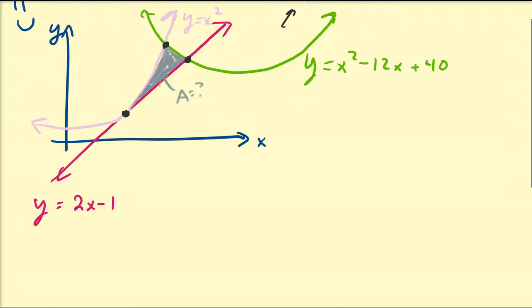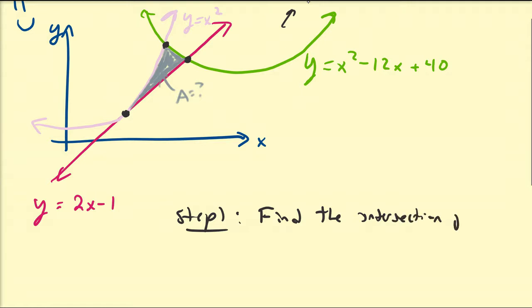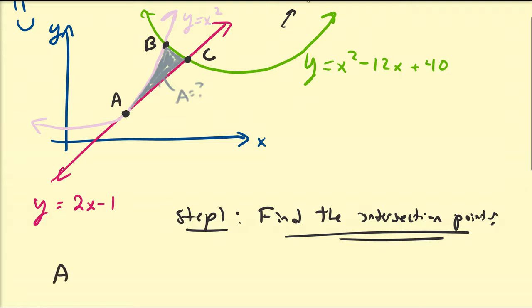So the first thing that we need to find, step 1, is the intersection points. I'm going to call this point A, this point B, and this point C. So A is the intersection of what two curves? It's the intersection of 2x minus 1, the red curve, and the pink curve, y is equal to x squared.